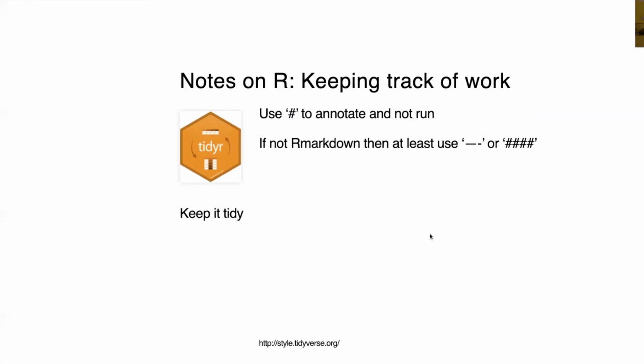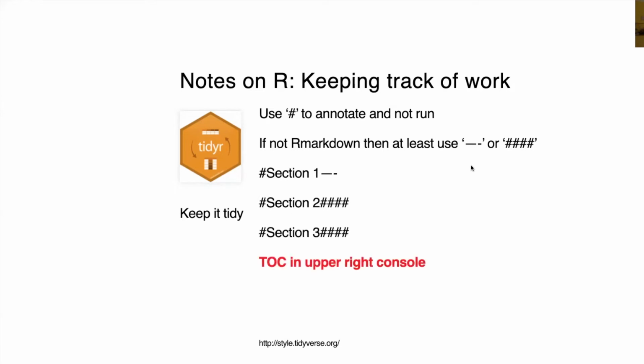But if not, then you may also use these symbols, that is 4 lines like this, or 4 minus signs, 4 dashes, or 4 hashtags. That'll give you a header. So that would be section 1, section 2, section 3, and you get a TOC, a table of contents, in the upper right console when you do these things.